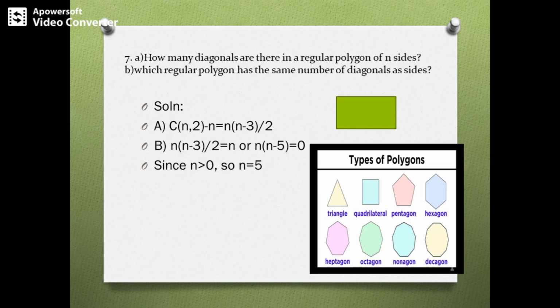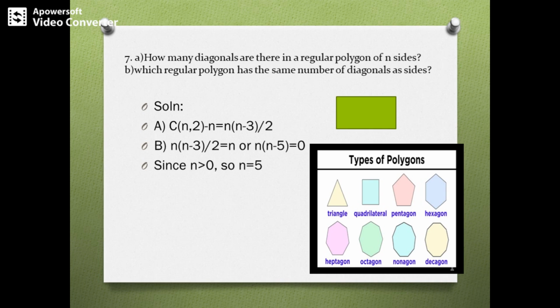In the next question B, the question is which regular polygon has the same number of diagonals as sides. We are supposed to equate this to the number of sides, which is given by n. So n(n minus 3)/2 equals n.